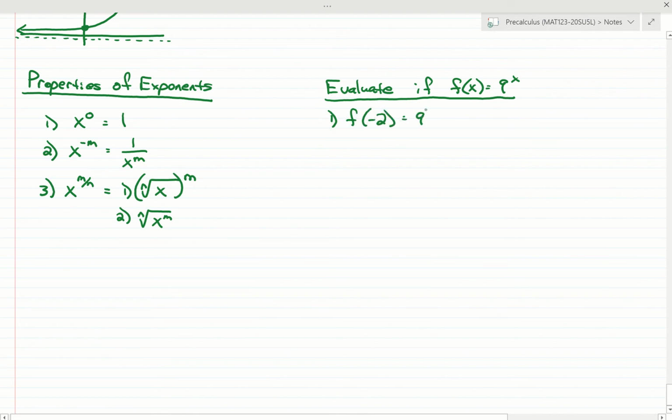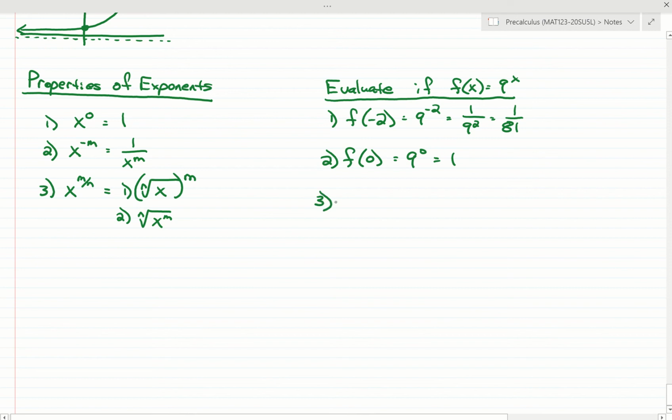Well, 9 to the negative second would be 1 over 9 to the second, or 1 over 81. We don't use decimals in case you haven't been picking up on that. Usually everything's in fractions. What about f of 0? What's the y value when x is 0? Anything to the 0 power is 1.